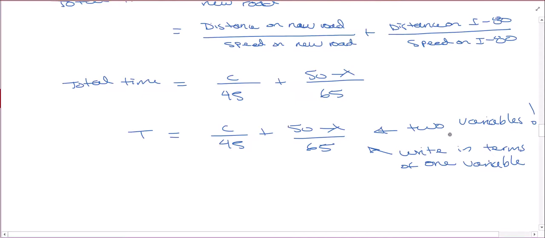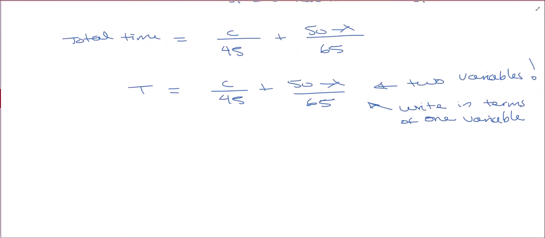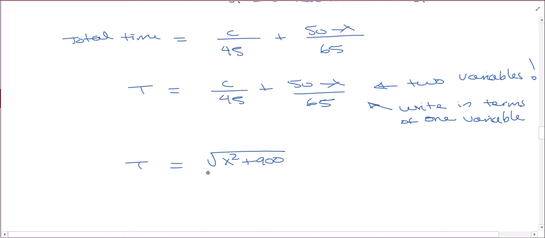So let's go back to our time equation. The total time here is c, which we just found to be the square root of x squared plus 900, over 45 miles per hour. And remember, c is distance, right? So if I put units here, this will be c miles, and this will be 50 minus x miles, and this is in miles per hour.